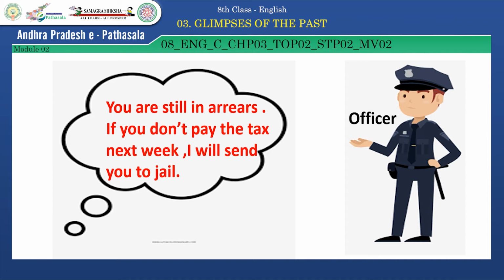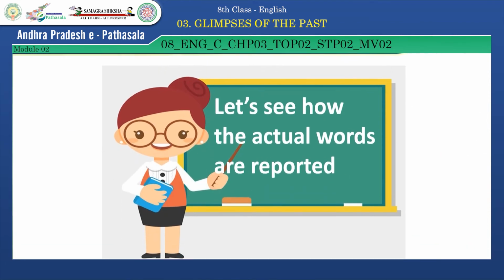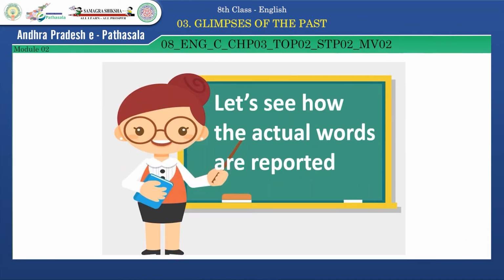If you don't pay the tax next week, I will send you to jail." So these three sentences are the actual words of the farmers and also the officer. Let's see how the actual words are reported in the following sentences.